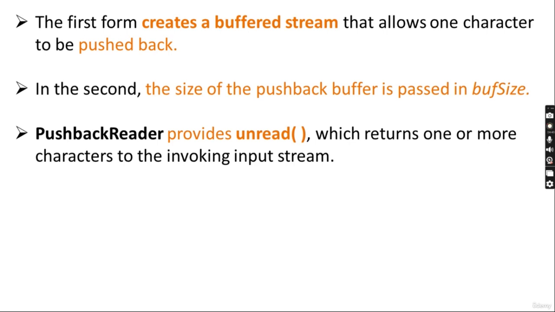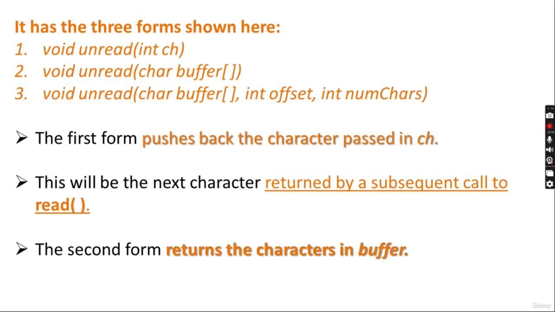PushbackReader provides unread, which returns one or more characters to the invoking input stream. Three forms: unread(int ch), unread(char buffer[]), unread(char buffer[], int offset, int numChars). The first form pushes back the character passed in ch. This will be the next character returned by a subsequent call to read. Whatever character you specify will be the next character returned by the subsequent call to read.